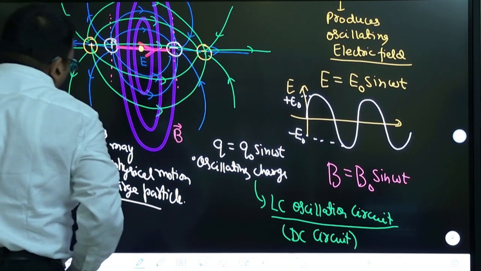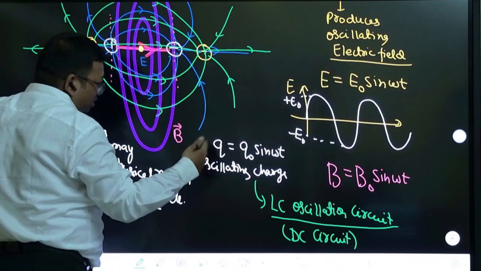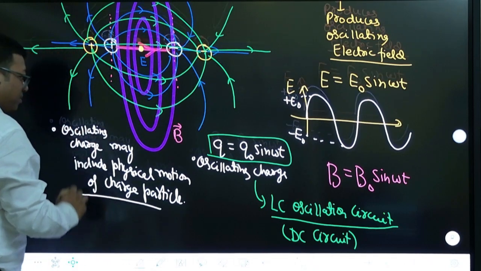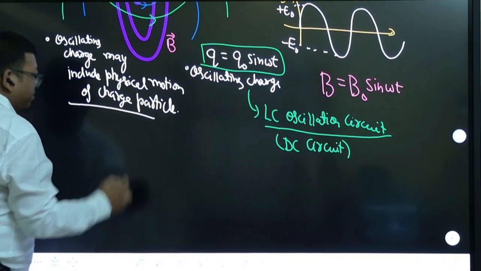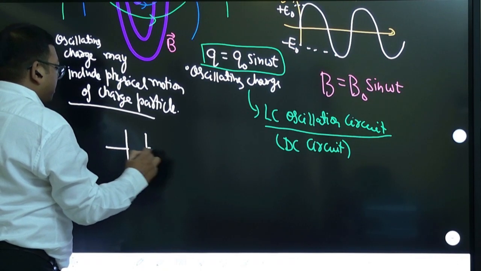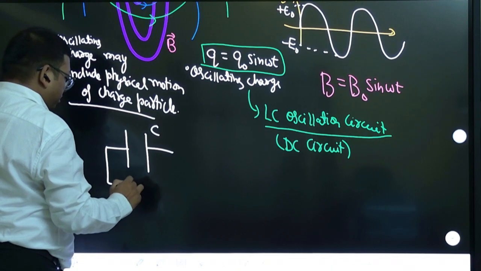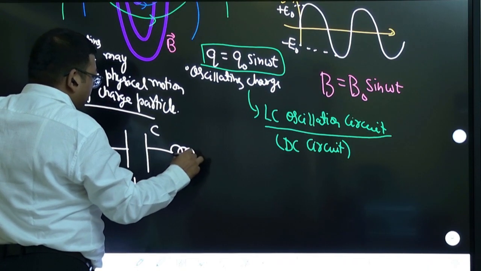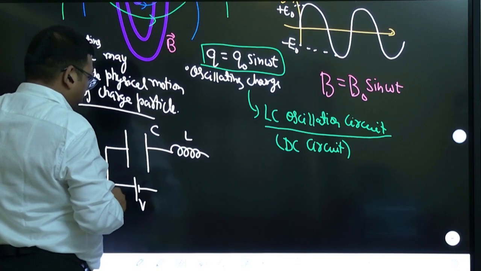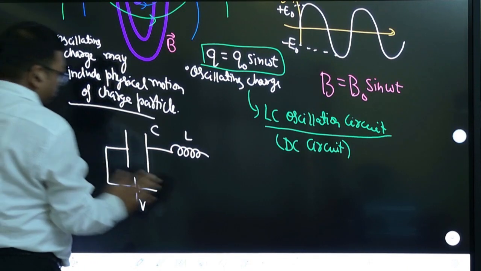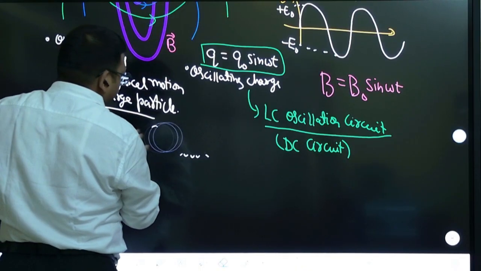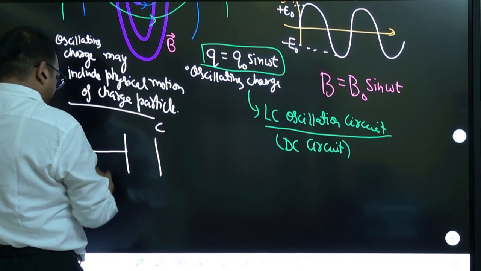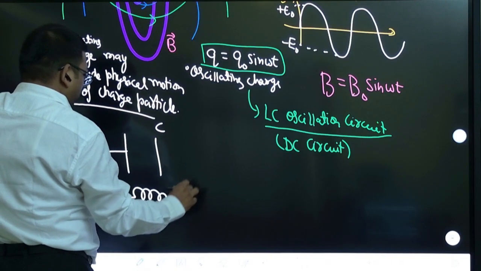So how do oscillating charges come about? You can see this circuit. It's not a big deal. Suppose, for example, there is a capacitor, and I connect it with a battery of some voltage V. There is an inductor L. First, we'll consider that this capacitor is fully charged, and there is a switch here.